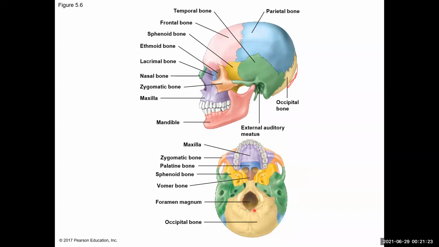The occipital has the opening that the spinal cord runs through into the skull, and that opening is called the foramen magnum. Again, you'll want to be able to label these if you saw this image on, say, your quiz or your exam.